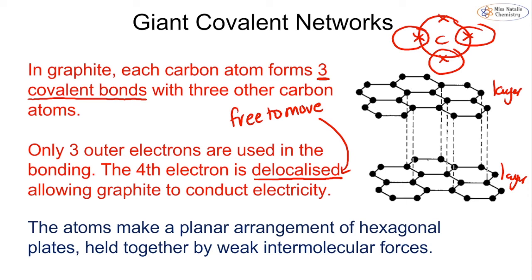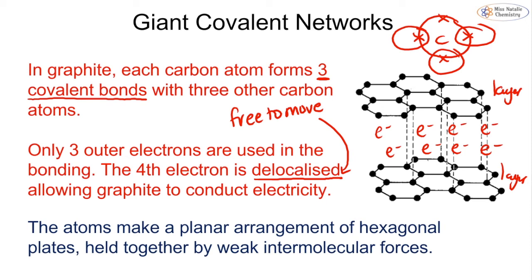And when we're in these layers, we get this 4th electron from each of the carbons becoming delocalized, and that simply means they move in the middle of the layers. So rather than taking part in bonding, they come away from the atom and they exist within these layers, and they're free to move. And it's this delocalization that allows graphite to conduct electricity. And we'll come back to talk about that later when we look at conductivity.